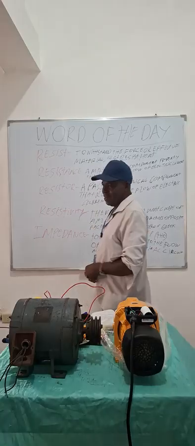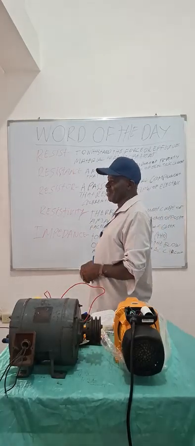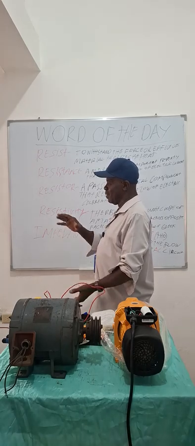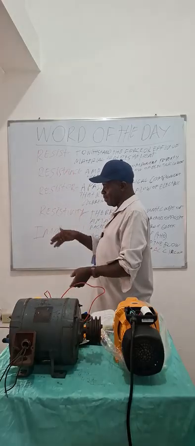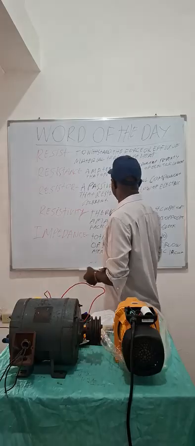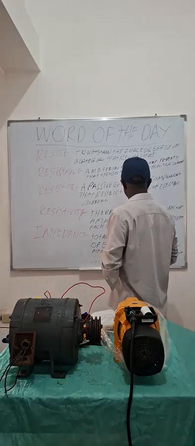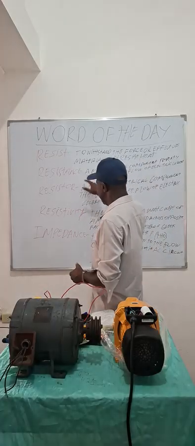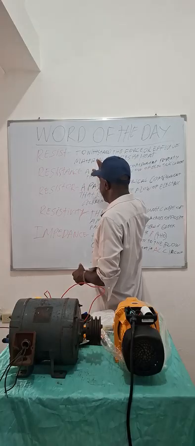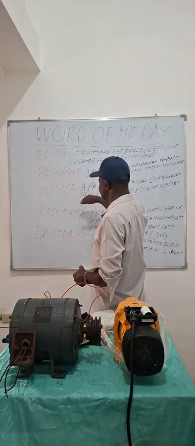The antonym of passive would be active. Passive is really stationary. So a resistor is a passive electrical component that resists the flow of electric current.